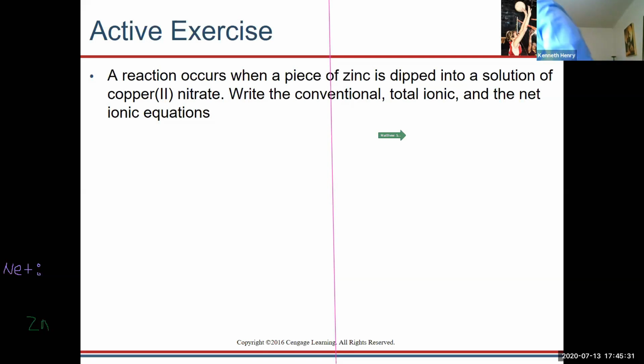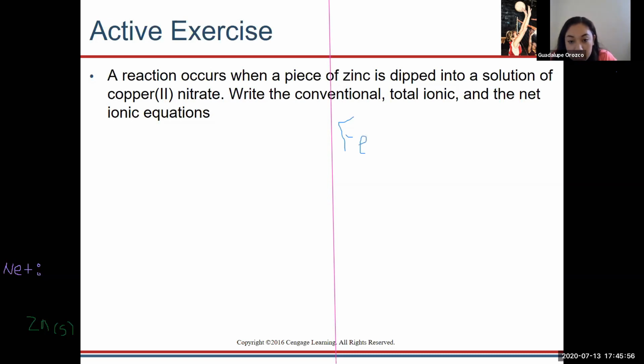Hold on. Okay, maybe I'm confused. Somebody else is doing the net. Who's doing the net ionic? I'm doing the one in blue.